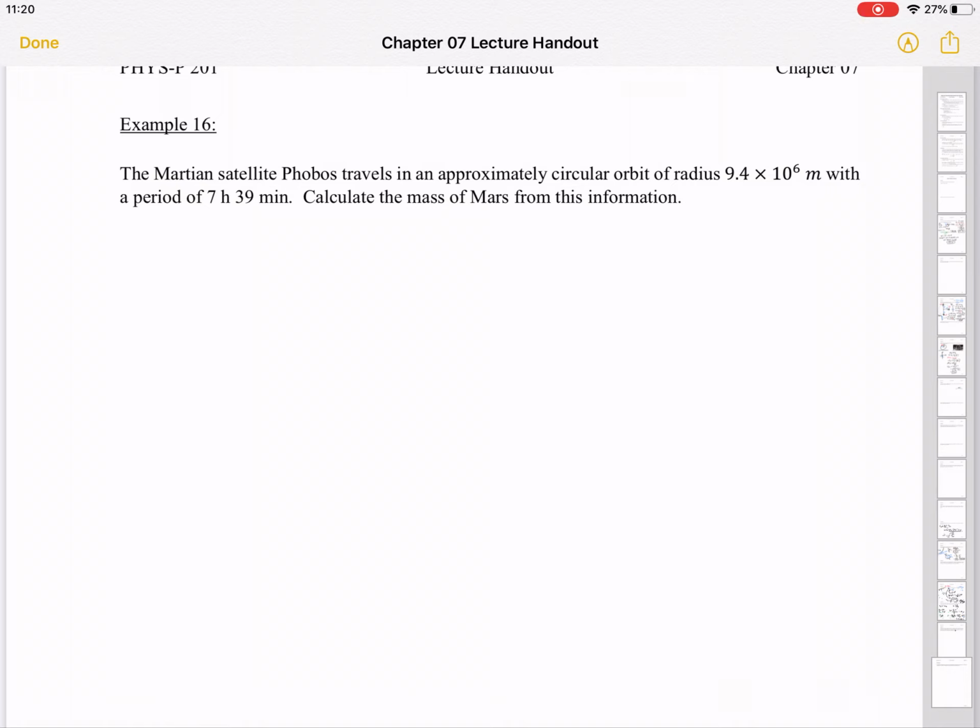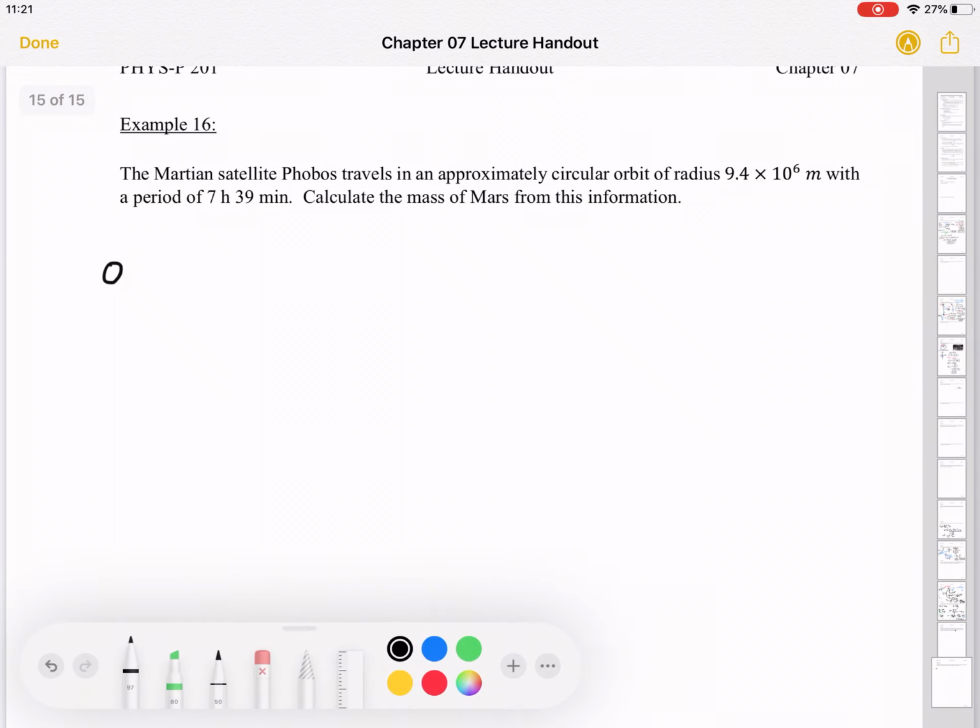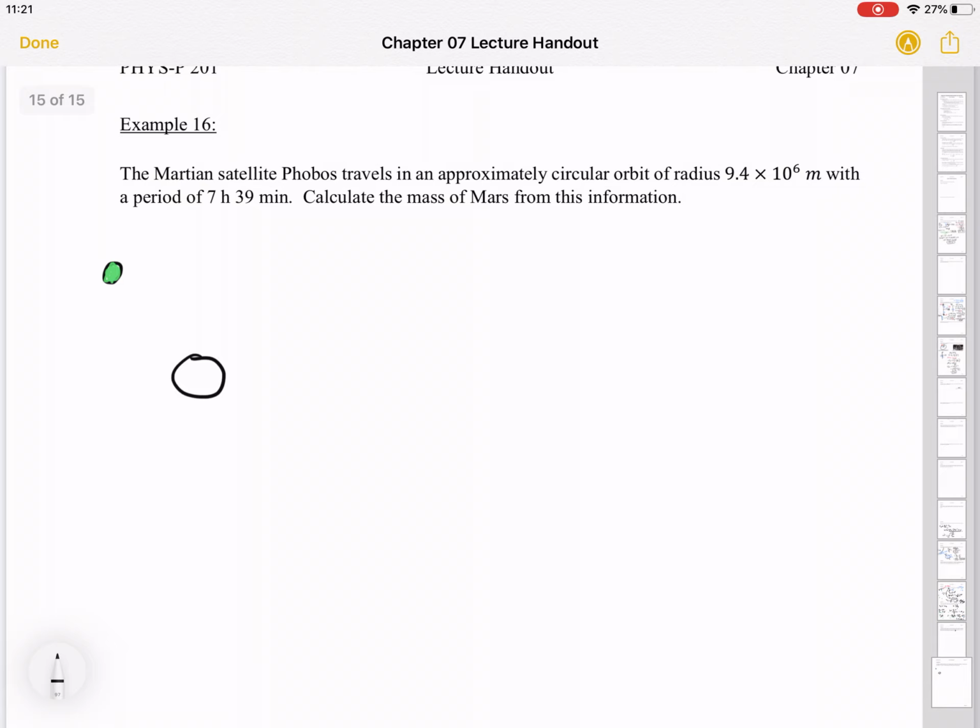Okay, so let's draw this. So we have Phobos. That's way out here. What color is Phobos? Green. Sure, why not? And it's going around Mars. And Mars is clearly red. In a circular orbit.